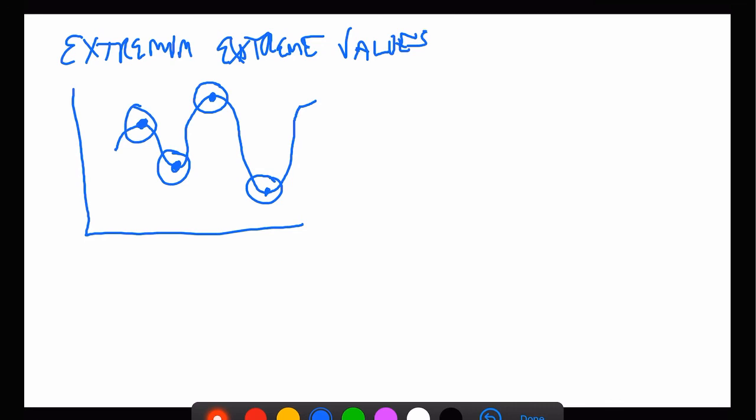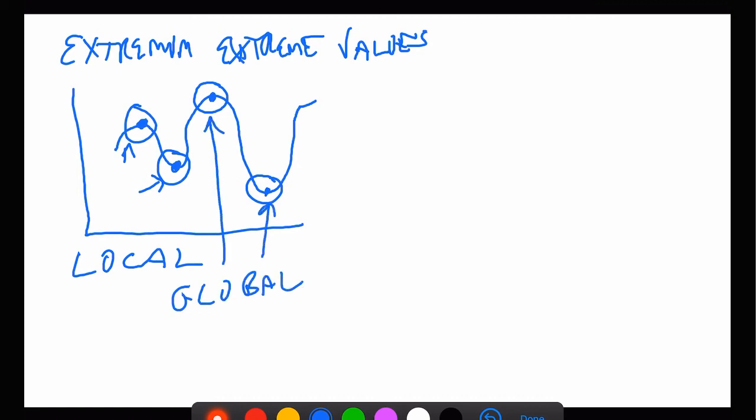But some of them are local. Local means it's extreme in its little area, but it's not extreme for the whole thing. So this point and this point are locals. If this is the entire function, right, and there's nothing else but this function, those 2 points are local extreme points. And these 2 points are global. So this is the global max.